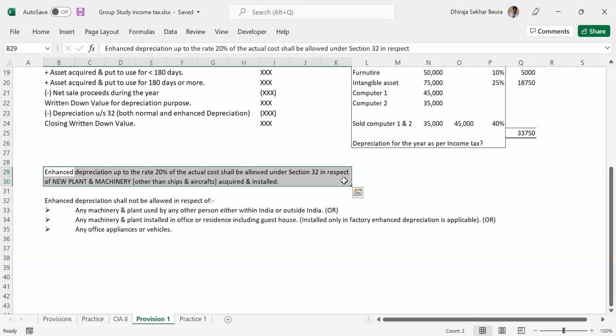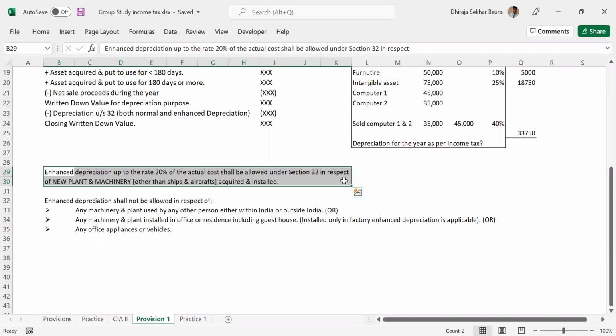Suppose it is plant and machinery which is installed in the office or in a guest house or in a residence, it will not be allowed. Suppose it is an office appliance or just a vehicle, car, motor car or something like that, it will not be allowed. There are many other exceptions to this. I have only included 3 here.